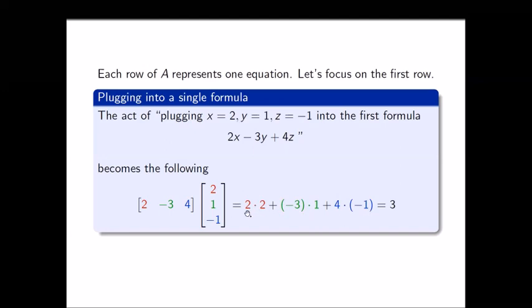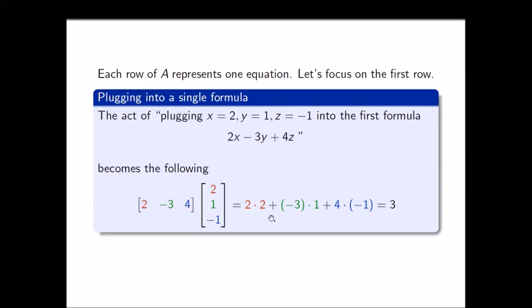Note that this is the same as 2x minus 3y plus 4z, where we have substituted the values of x equal to 2, y equal to 1, and z equal to minus 1. And we write this thing as a product of this row vector, which is the vector of coefficients, and our potential candidate solution vector.